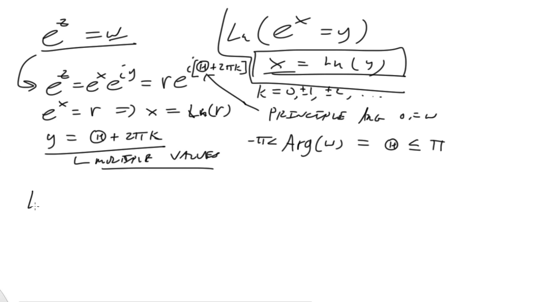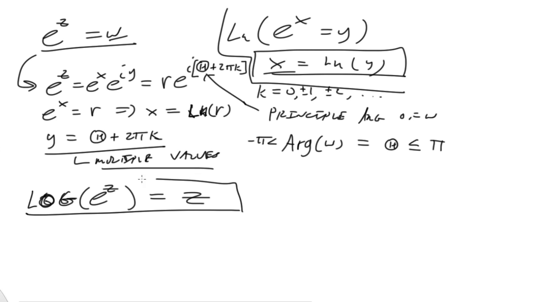The idea here is I want to define a function, call it complex log, and we're not going to use the natural log ln notation. We're going to say log of e to the z has to be equal to z. The idea here is I want to define this function that is the inverse to e to the z.